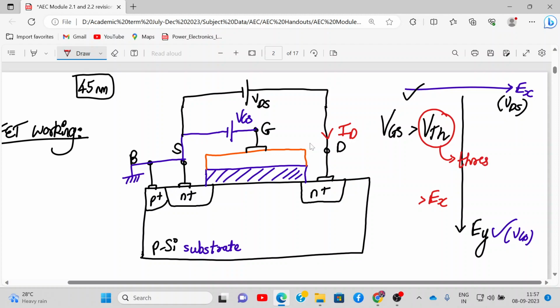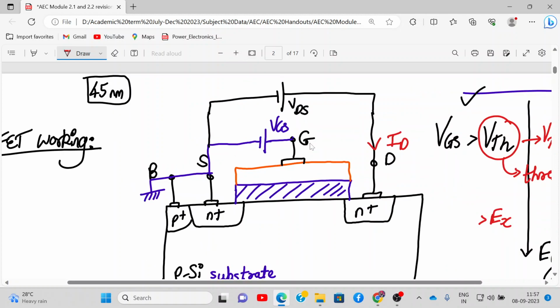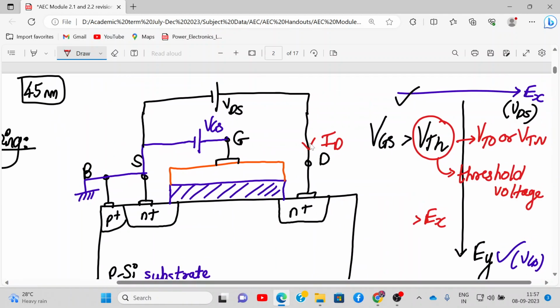You know, for the silicon diode, what's the turn on voltage? 0.7, right? Similarly for the MOSFET, this is the threshold voltage for N channel MOSFET. It is also called VTO or VTN. Okay, VTH, threshold voltage. Whenever VGS is greater than this threshold voltage, N channel will be formed, guaranteed.